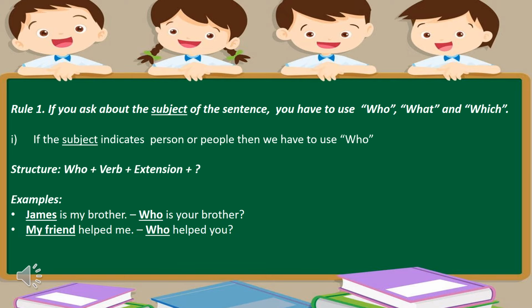Now we have to keep in mind that first person becomes second person when we form WH questions. That means I, we, me, us will be you, and my, our will be your in WH questions. That's why me becomes you in this statement.